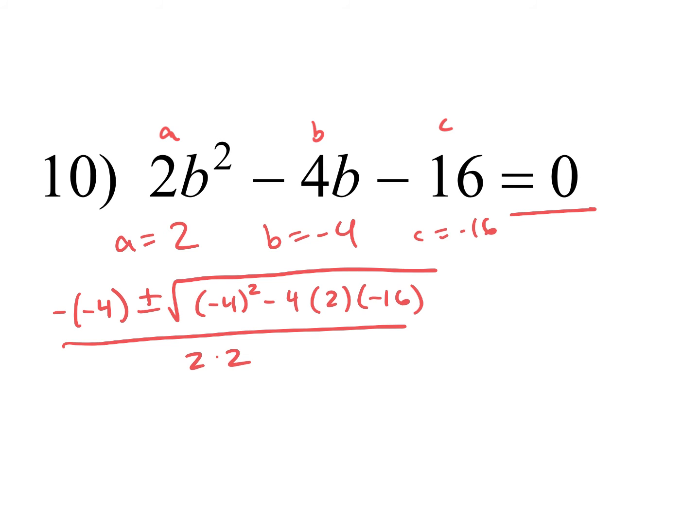So it's negative 4, positive 4 plus or minus. What is negative 4 squared? 16. What is negative 4 times 2? And negative 8 times negative 16? I think it's 128.